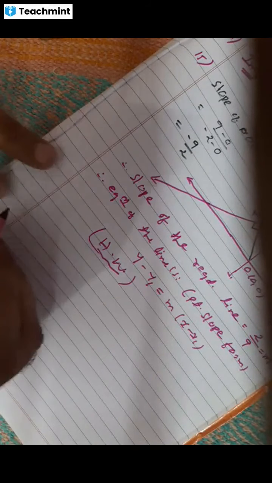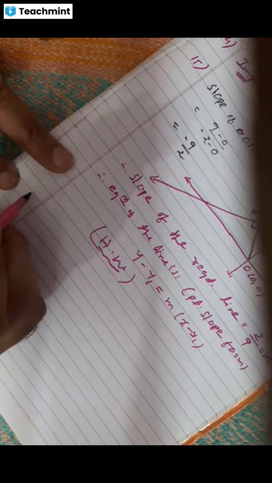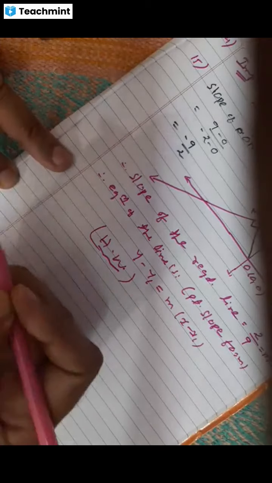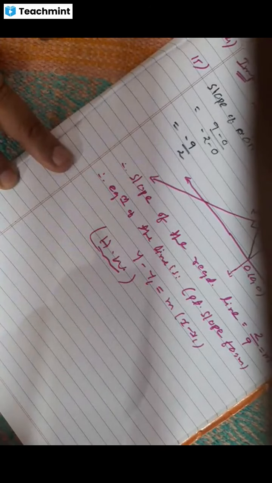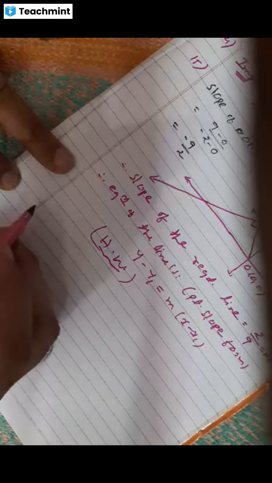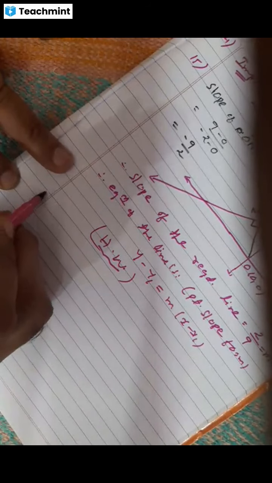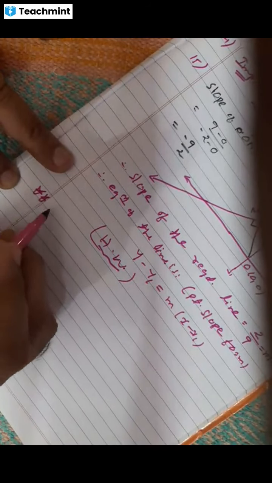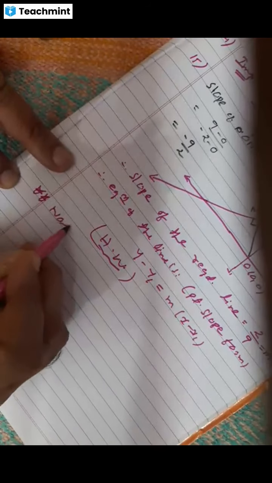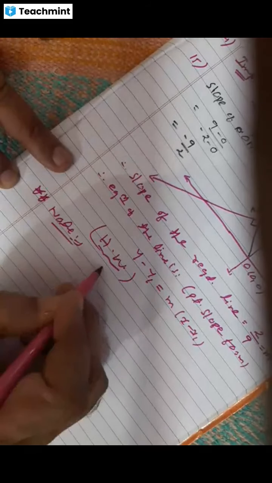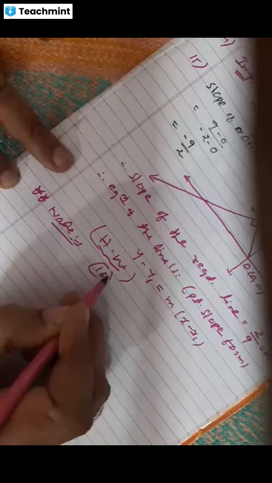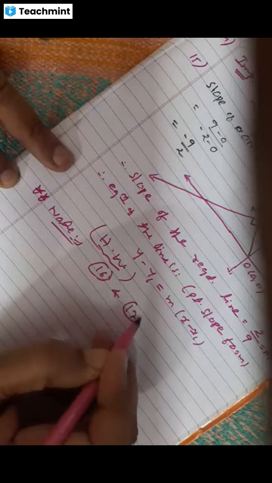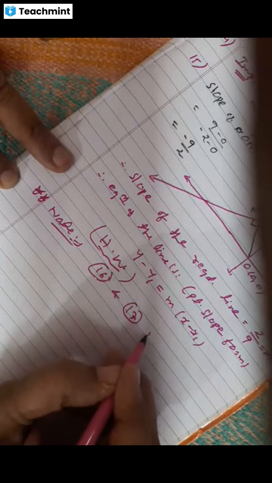Now sum number 16 and 17 will not be asked in the exam. याद रखो, the sum number 16 and 17. Okay, note 16 and 17, not for the exam.